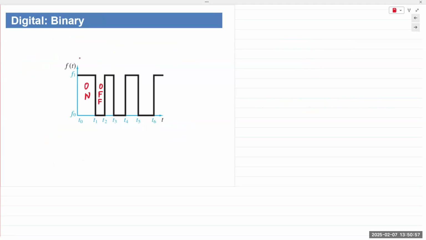Okay. If voltage is present, it's on. If voltage is absent, it's off. Only two states or two values. It's a binary choice. Only two possible states, either on or off, meaning either 0 or 1.